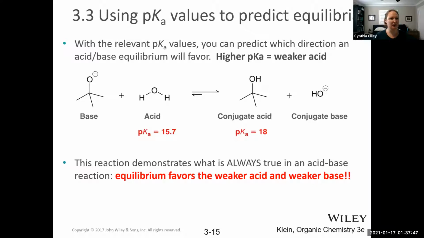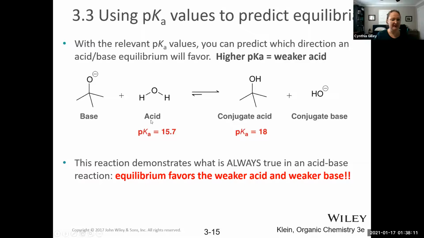Okay, so let's move to chapter 3, and we're going to start talking about acid-base reactions and using pKa values to predict the position of equilibrium for a reaction. So if you have an acid-base reaction written out, then on the left-hand side of the equation, you'll have the acid and the base.